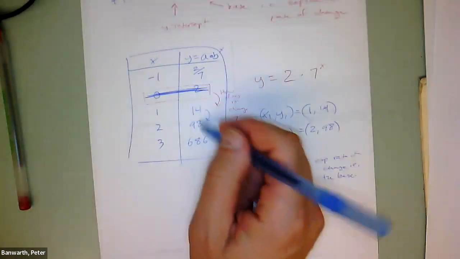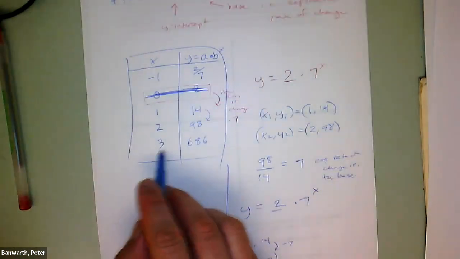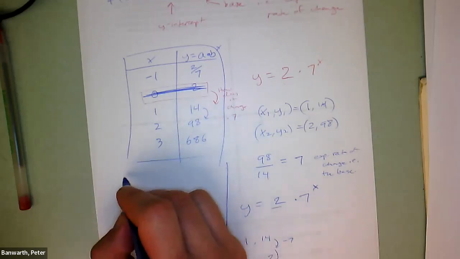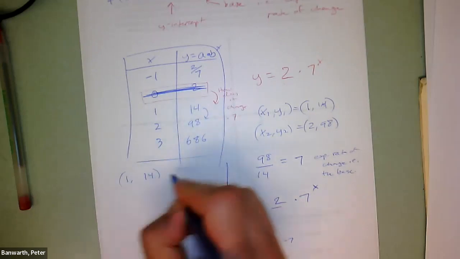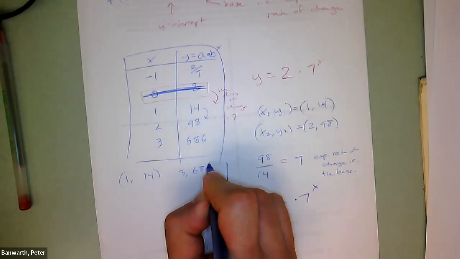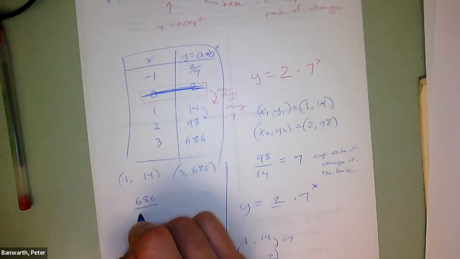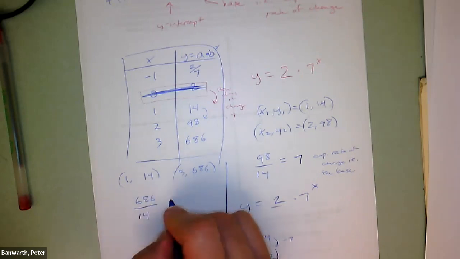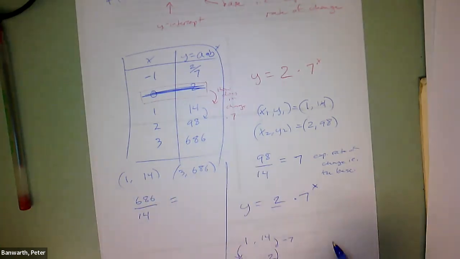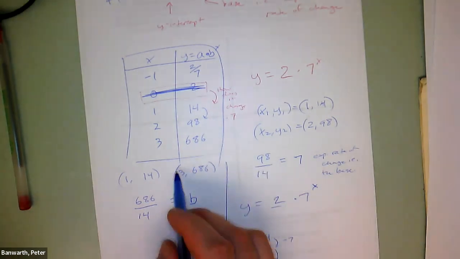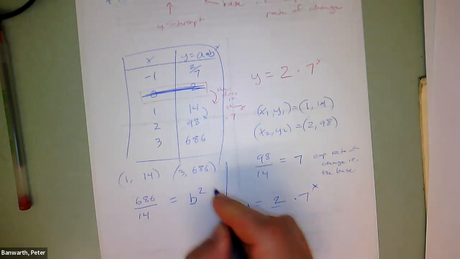And the last possibility is, what if they give you numbers that are far apart? So you have something like 3. If I know these points, 1 comma 14 and 3 comma 686, I can still do that division. And that's going to be my base raised to the number of steps.